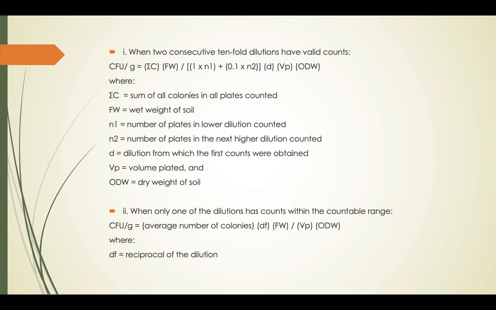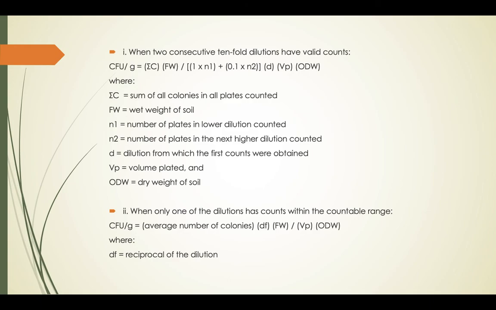If you have 2 consecutive tenfold dilutions, you can get valid standard plate counts for your soil microbes. If you only have 1 dilution that has counts within the countable range, then you use a different formula. The only thing different is that instead of using the dilution, you use the reciprocal of the dilution. Okay?